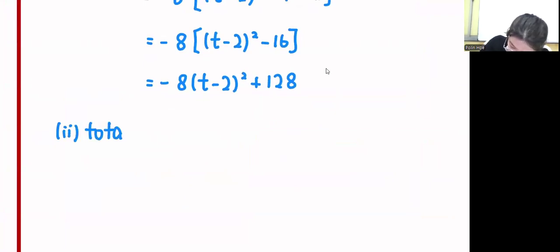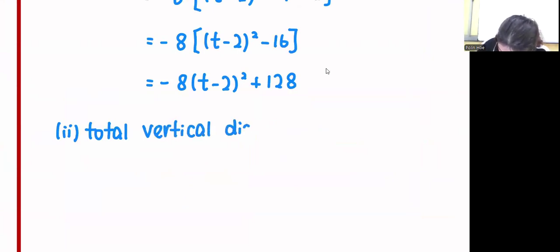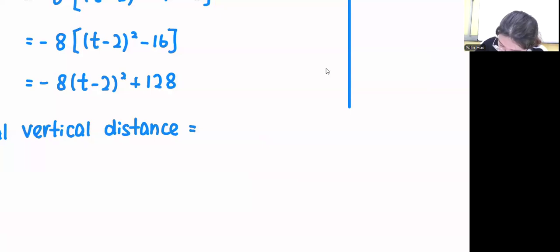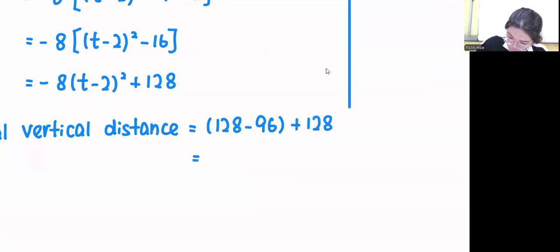Total vertical distance. He jumps up, so 128 minus 96, plus 128. I get 160.